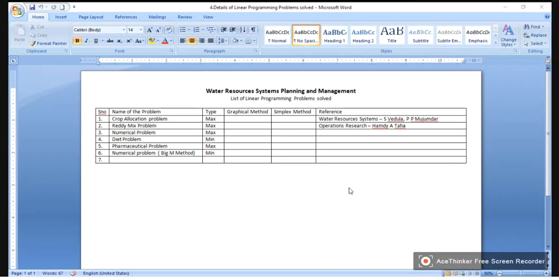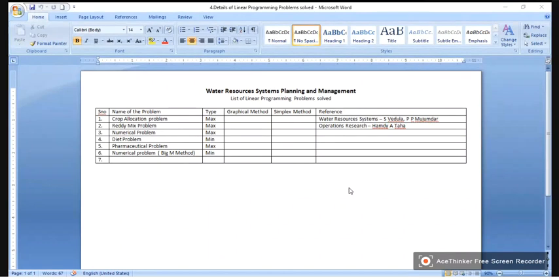And if we look at all the problems, they have less than or equal type constraints. So, you can respond. Is it right or not? In all the problems, we have less than or equal type constraints. Yes, sir. Okay.